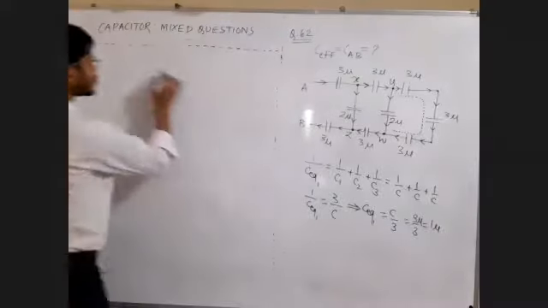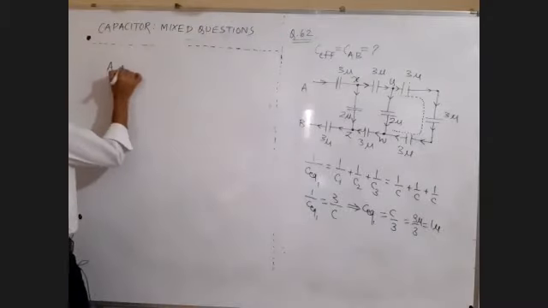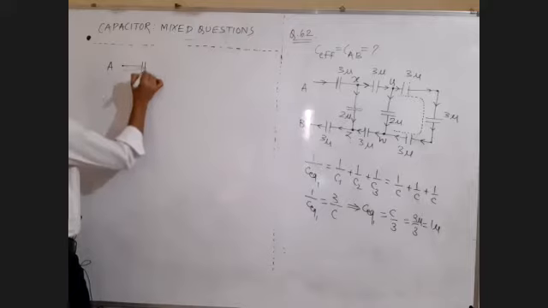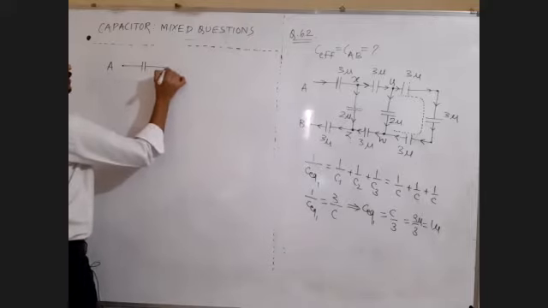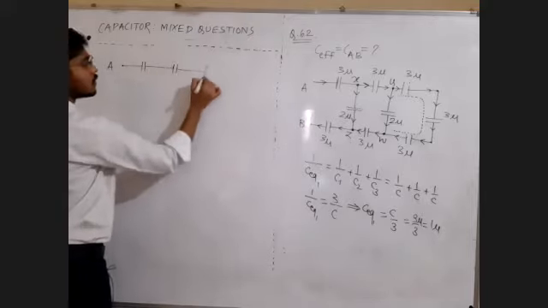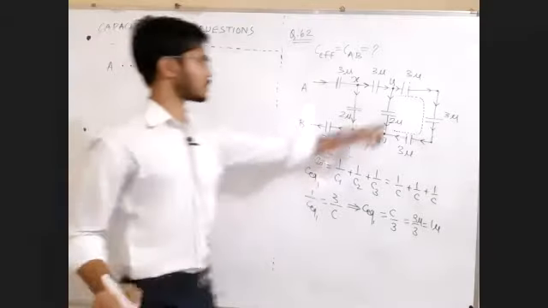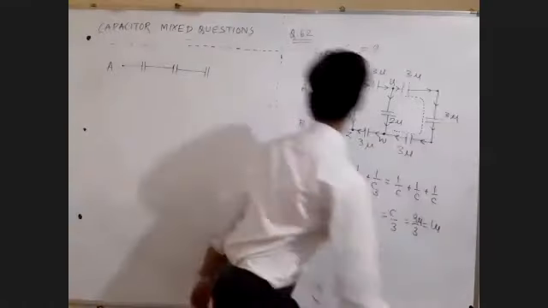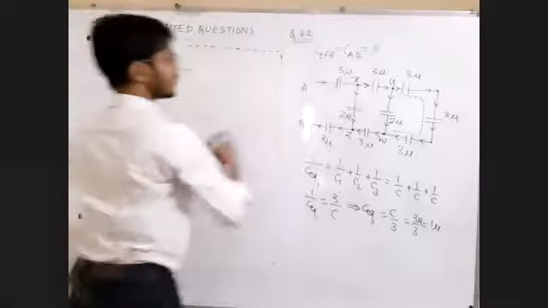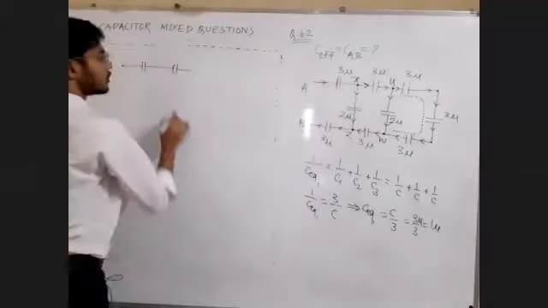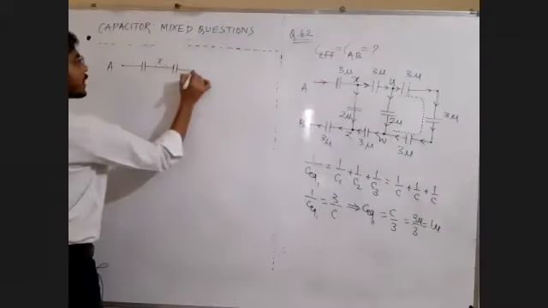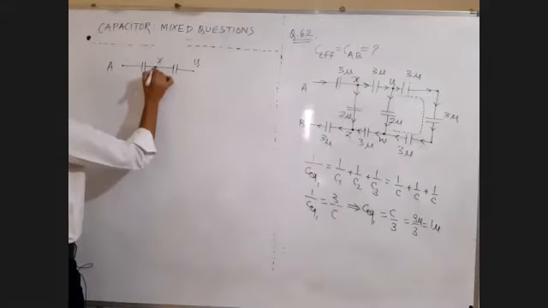Okay. So draw the circuit once again. No need to draw this capacitor, right? Its equivalent combination we know. So only these two capacitors I draw. Let me draw the points first. That is the correct way to draw things.